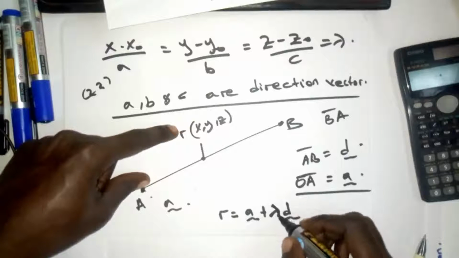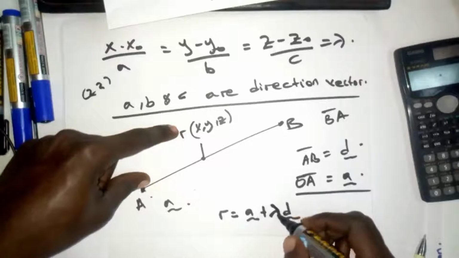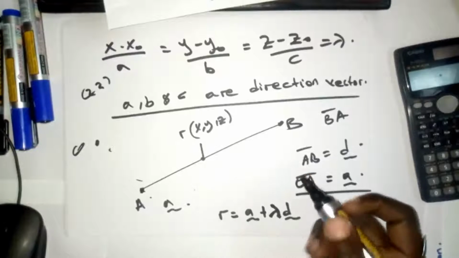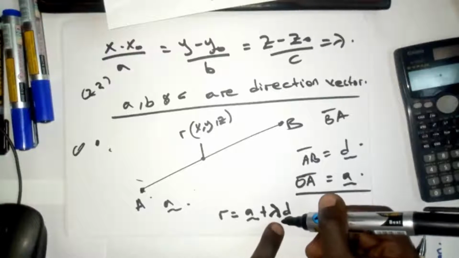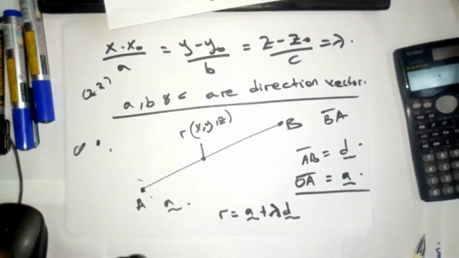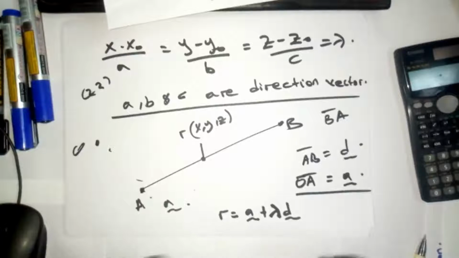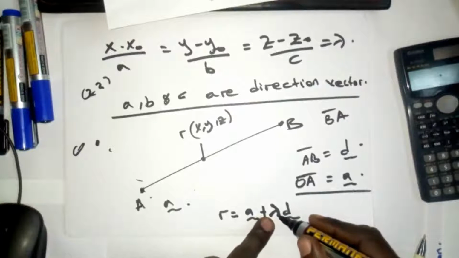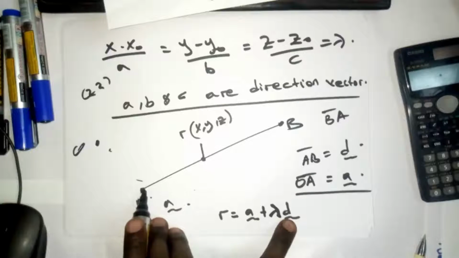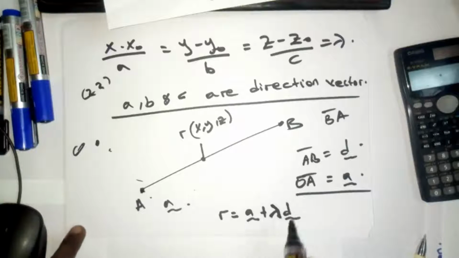This lambda here is going to give us a constant value that if we multiply by the direction, we shall get the point x, y, z. If we multiply this constant value by the direction and add it to this origin, then we shall have that value.